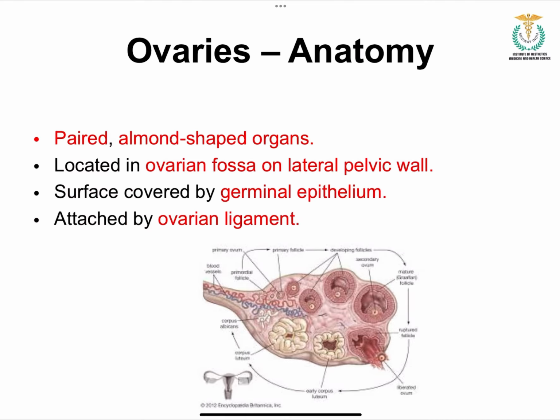It is located in the ovarian fossa on the lateral pelvic wall, and the surface is covered by a germinal epithelium layer. It is attached by the ovarian ligament, which you might have noticed in the previous slides. So this is the basic anatomy of the ovaries.